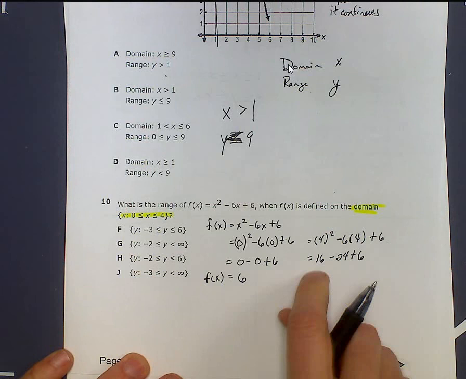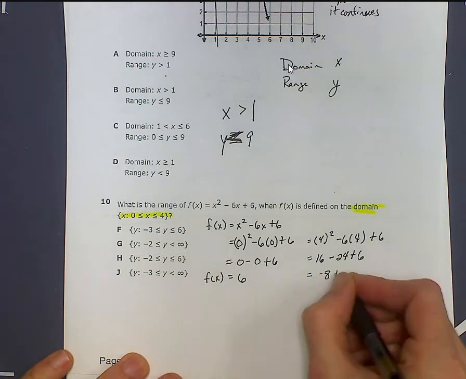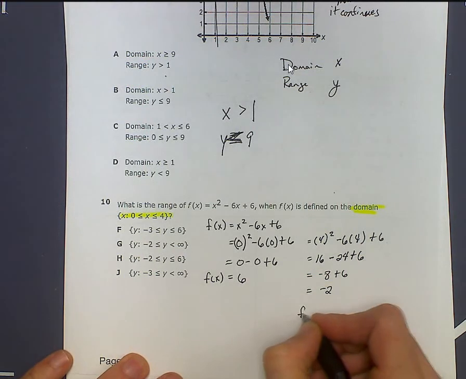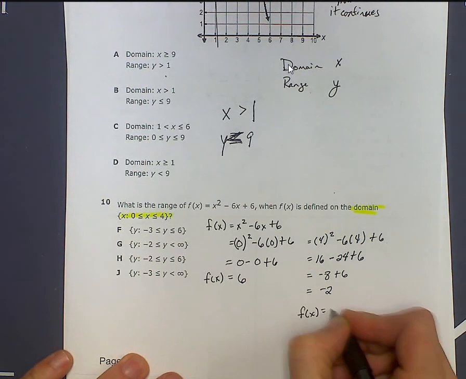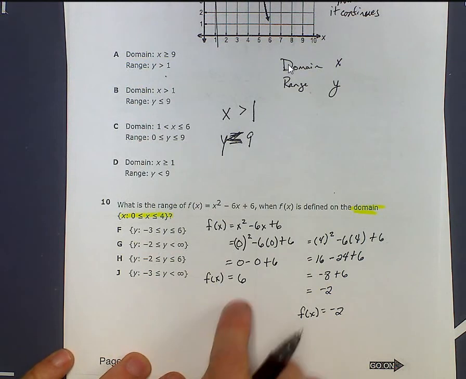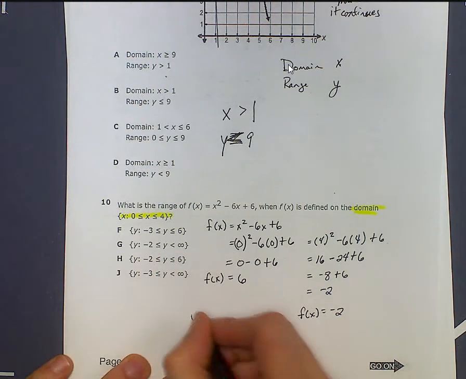Well, 16 minus 24 gives me negative 8 plus 6 gives me negative 2. So the other value that I have is f of x equals negative 2. So I'm looking for the answer that has negative 2 and positive 6 in it for both. Well, the only one that I have is this one, so I'm going to go ahead and write it just like that.